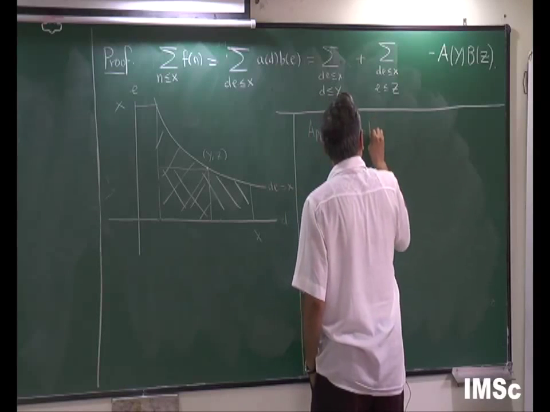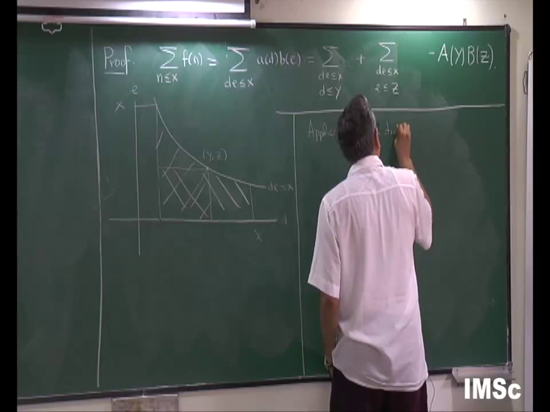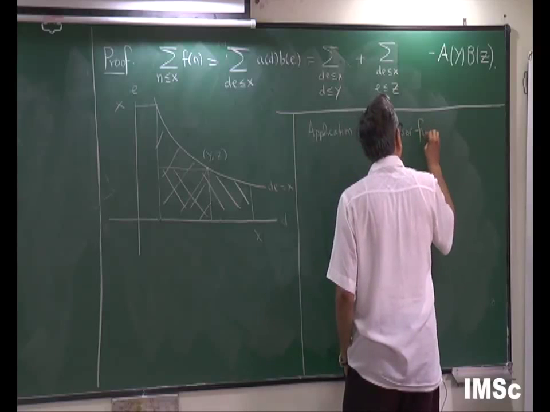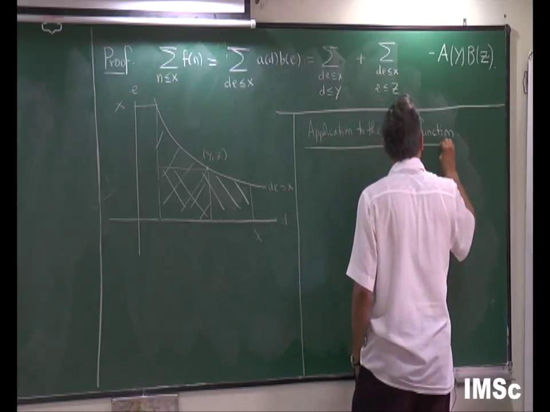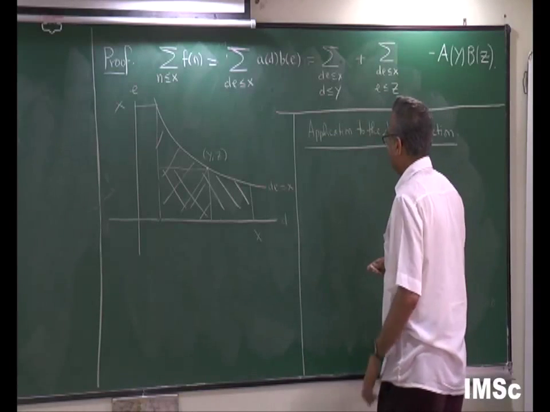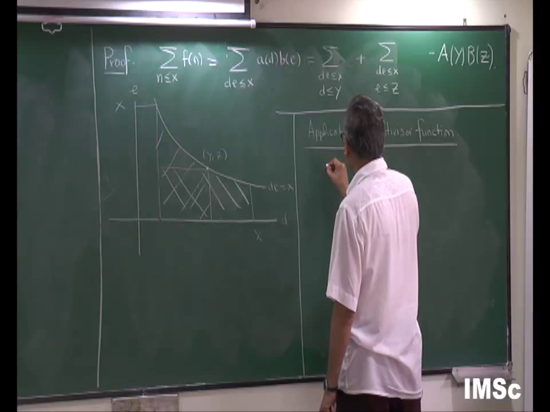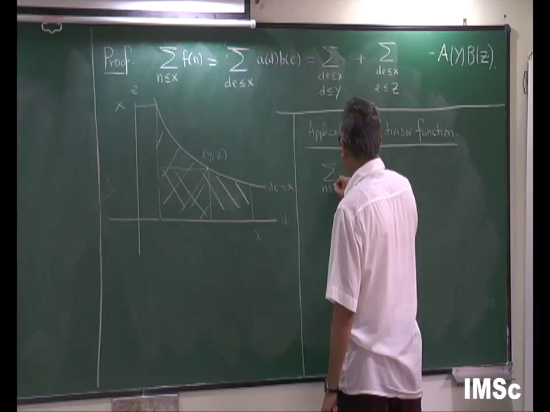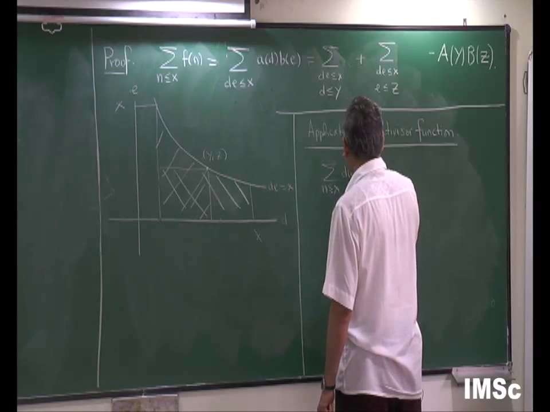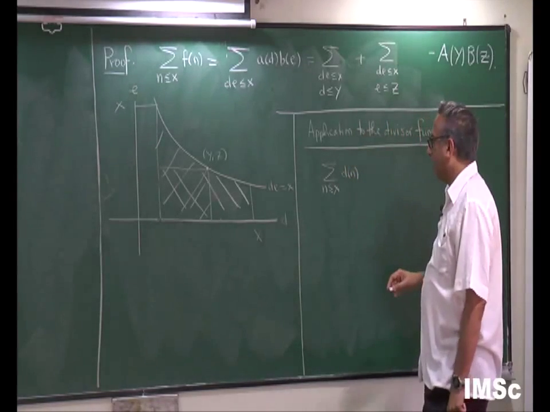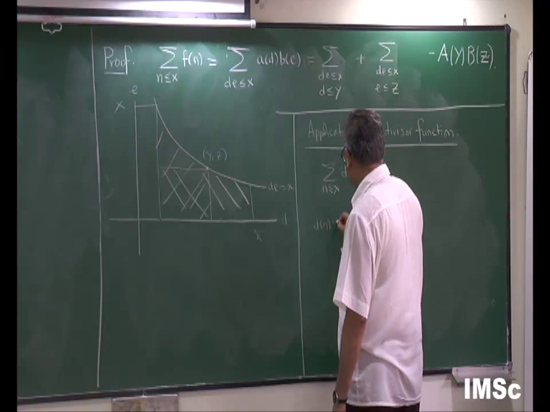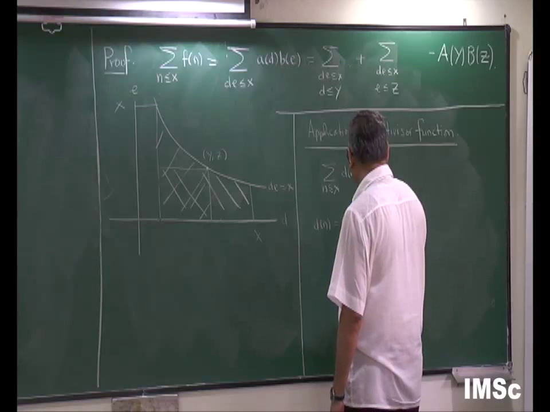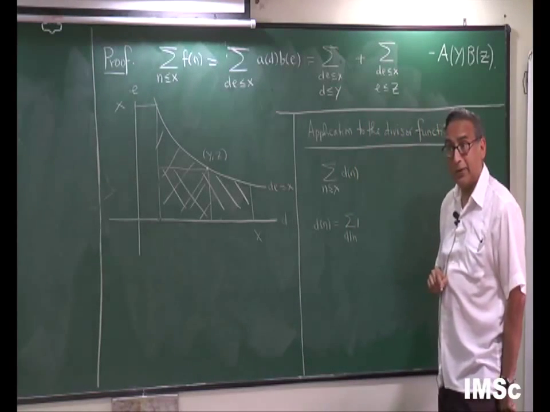To the divisor function. So now what we will do is in trying to figure out the sum over n less than x of d of n, I understand from that thing that d of n is, of course, the sum over d dividing n of 1, the number of divisors of n.